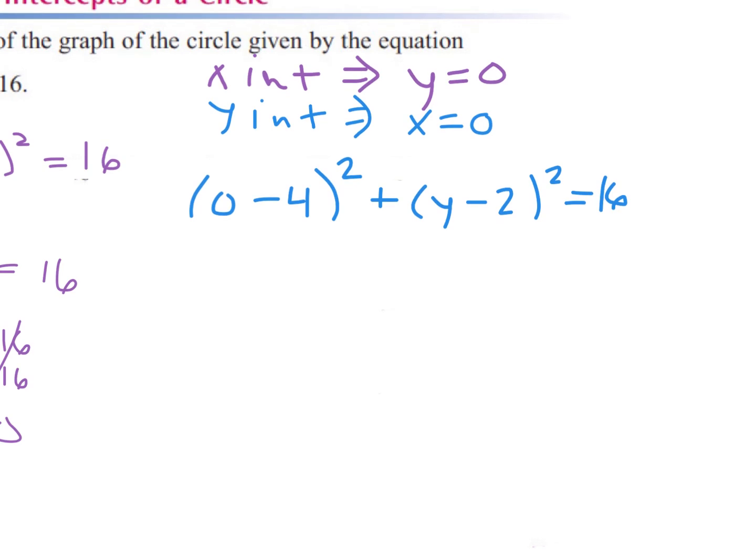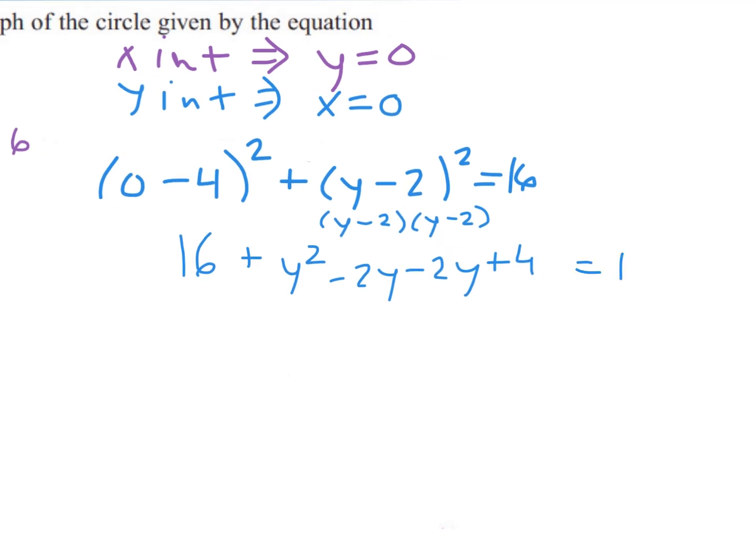0 minus 4 squared would be negative 4 squared, so positive 16. And then we have y minus 2 squared, so we have to FOIL. This is like y minus 2 times y minus 2. So we multiply the first terms, the outsides, negative 2y, the insides, then the last.